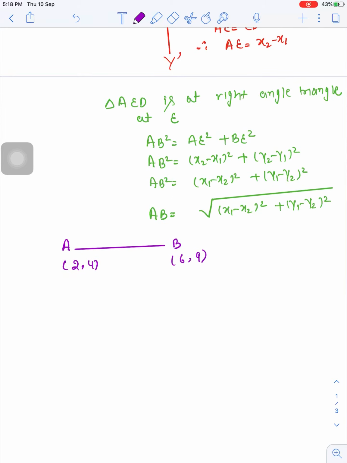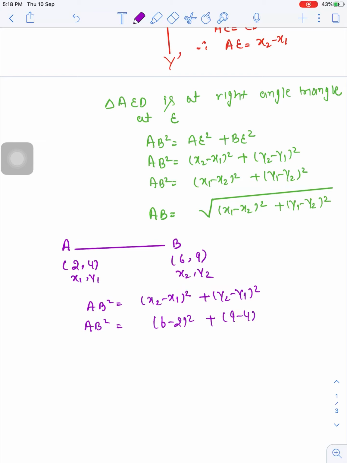Now look, you can take any of the values as x1 and any of the values as x2. So suppose I have taken this as x1 comma y1 and x2 comma y2. Now look, AB square is equal to how much? (x2 minus x1) square plus (y2 minus y1) square. Just have patience, it is very easy. Now look, AB square is equal to (6 minus 2) square plus (9 minus 4) square.